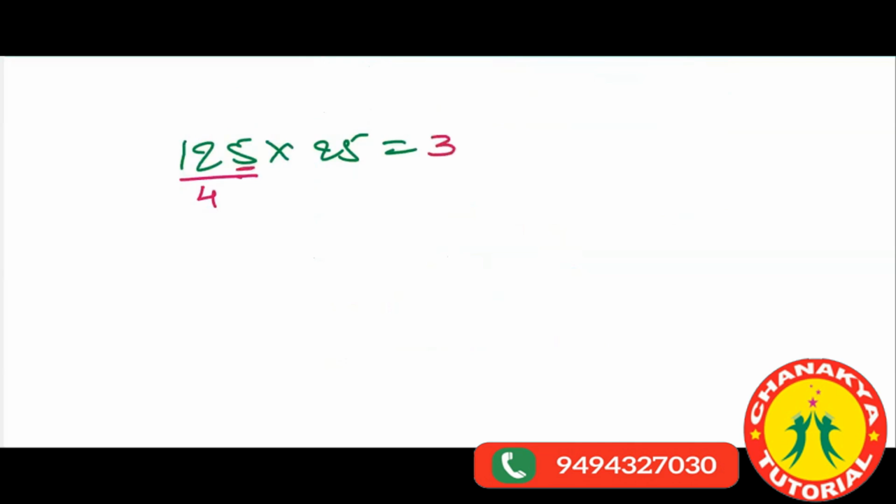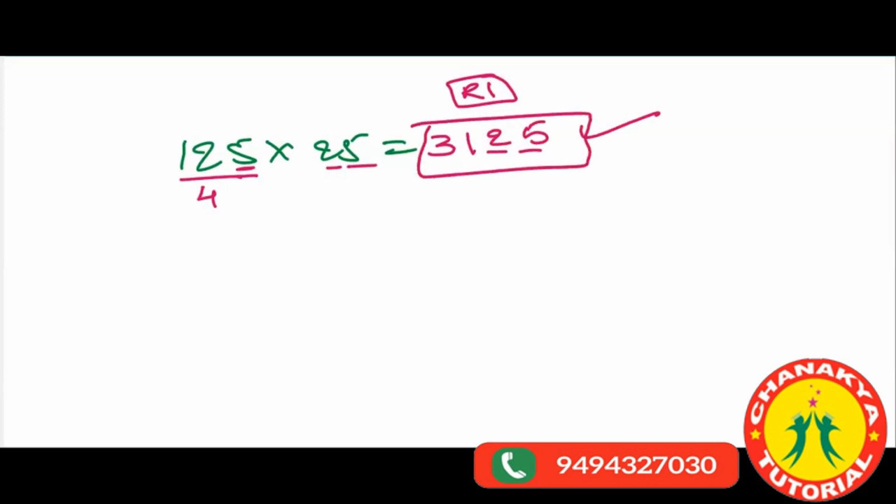Then 5 by 4 is 1 and 1, so the remainder is 1. If 1 is the remainder, simply that 1 into 25 will be the last 2 digits: 25. Done. 3125, sir. So if you do it in a process, will it be this simple? Yes, sir.